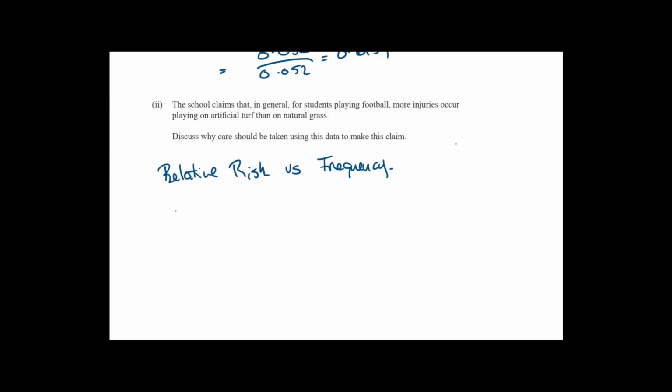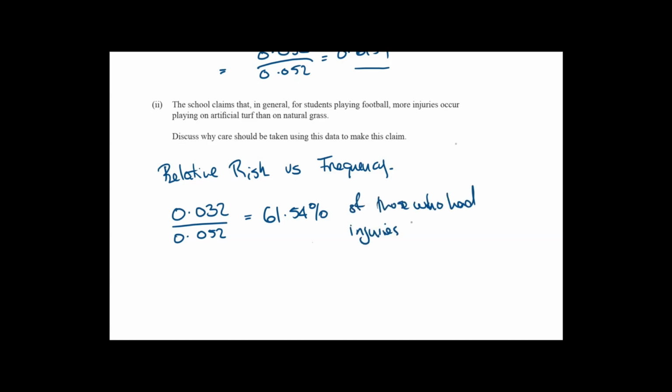The frequency, so what did we make out? 0.032 of 0.052, which is 61 point, what did we say it was, 54%. That's right, yeah. Of those who had injuries, 61.54% had them on artificial turf. Okay, and that's true.